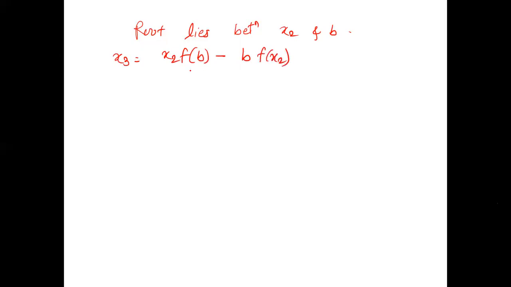Therefore the root lies between x2 and b. So x3 is x2 f of b minus b f of x2 upon f of b minus f of x2. Put all the values again and solve.